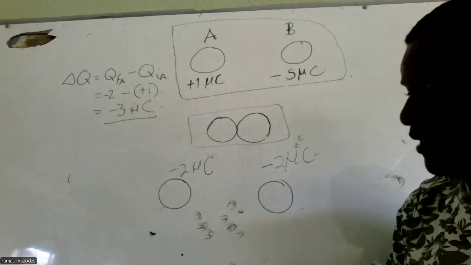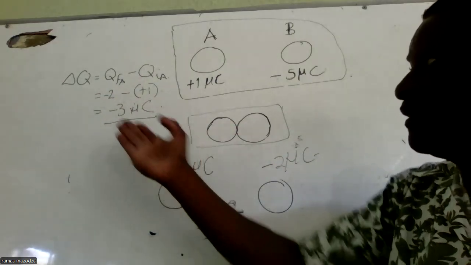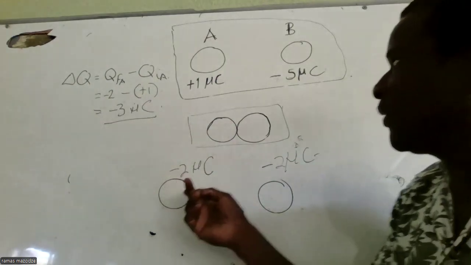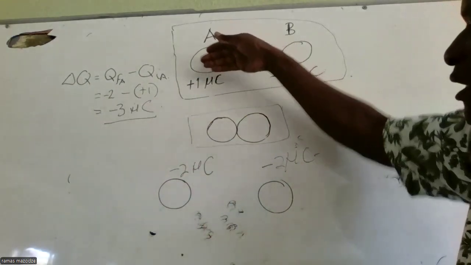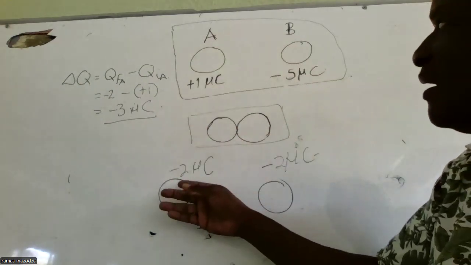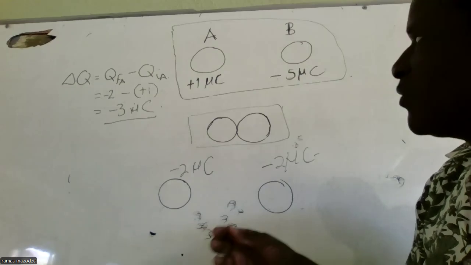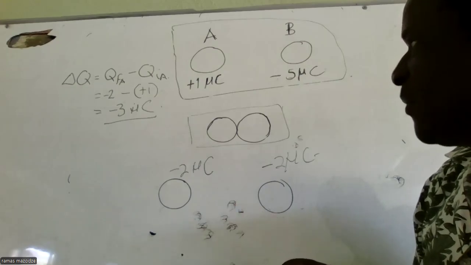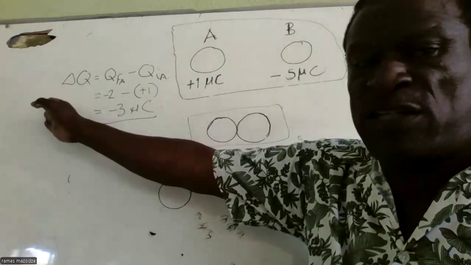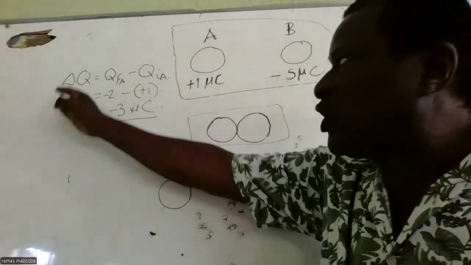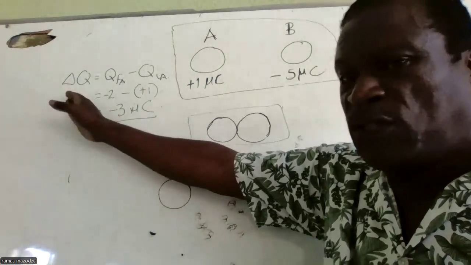So the next thing that you might ask is, how many electrons? Okay, let's look at A. What happened? It had a positive charge and it became less positive, or it even became negative. So it means A gains some electrons. So change in charge, you can also call it charge gained or charge lost.